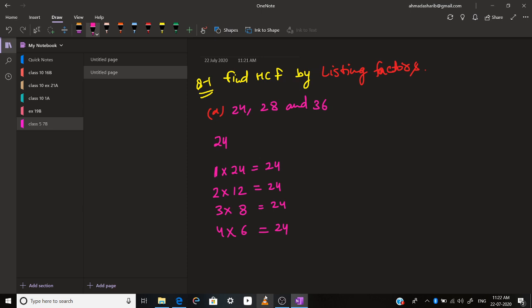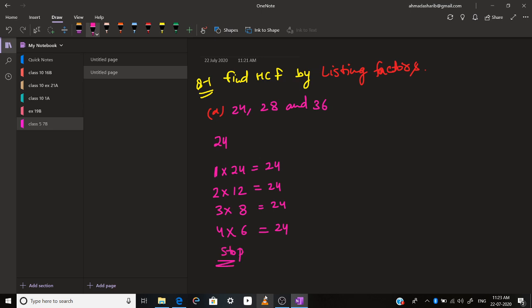But if we talk about 5, 24 is not in the table of 5, so leave 5. Now 6 4s are 24, but we have already written 6 here, so we will not repeat 6. Okay, 6 is already written, so now we will stop here.